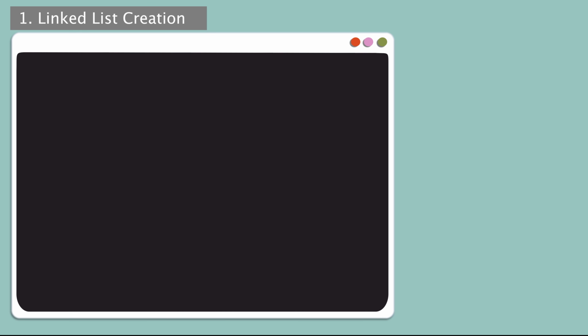We'll try to implement it first using Java. I hope you all have the basic knowledge of how to create a class in Java and how to create the required methods in Java. So as discussed, in the first step we will define a node, that is a node class, and each node will have an address which points to the next node.